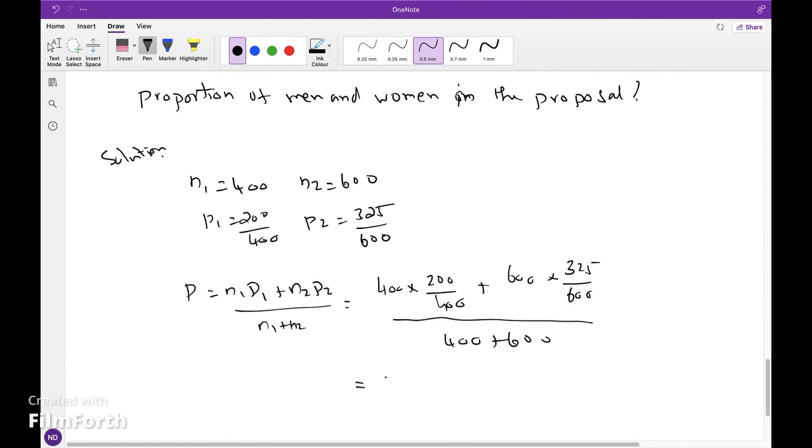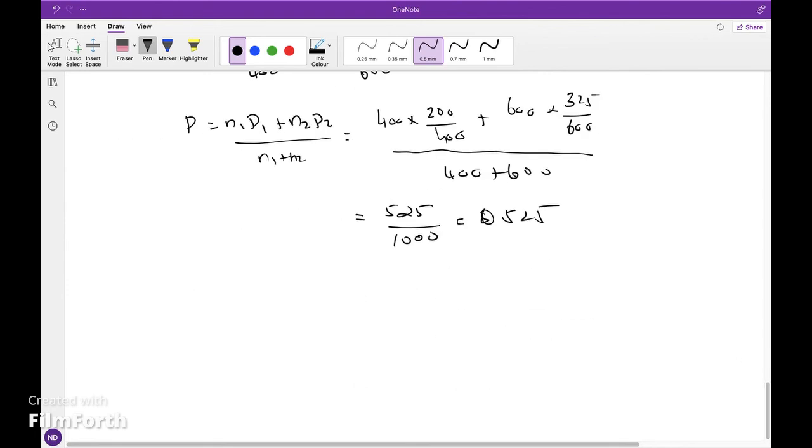Using a calculator, 525 by 1000, that value is 0.525. So Q is equal to 1 minus P, that is 0.475.